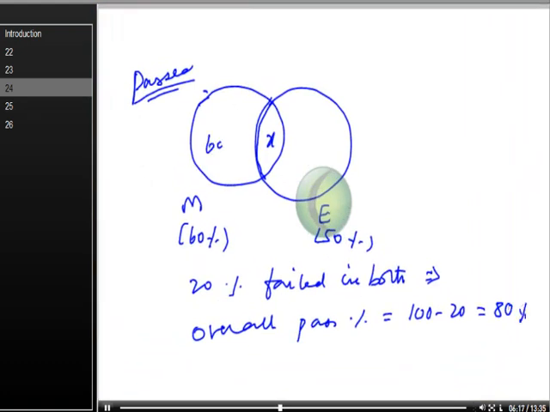If you look at the diagram, only maths is 60 minus x, only English is 50 minus x. So 60 minus x plus 50 minus x will add up to 80. So 110 minus x is equal to 80, or x is equal to 30%.